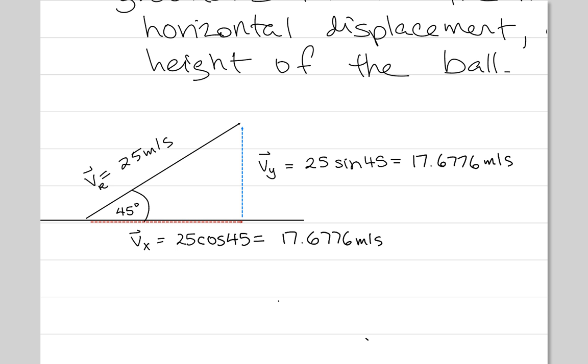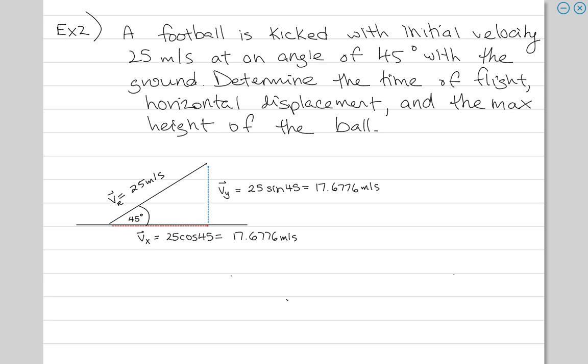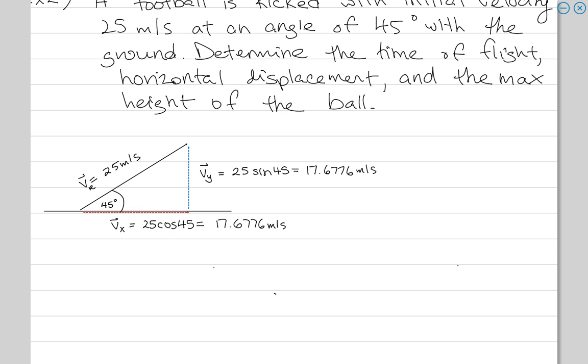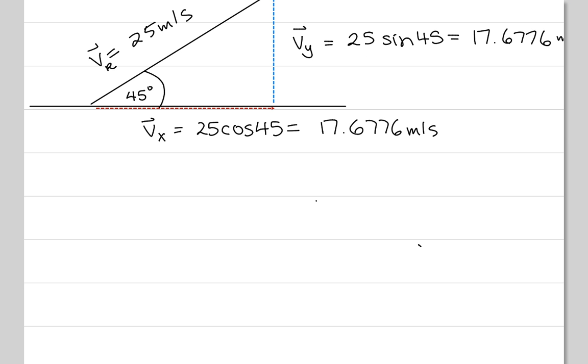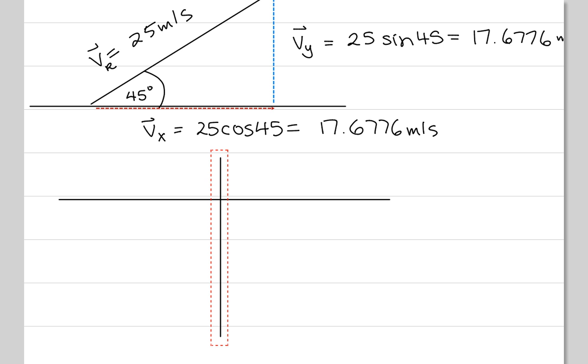Okay? Okay, so what we're going to do is we're going to just build a little chart. And if you remember yesterday in the notes, in the workbook, they also did that. So we're just going to be consistent with our workbook. And we're going to say, okay, what do we know horizontally?